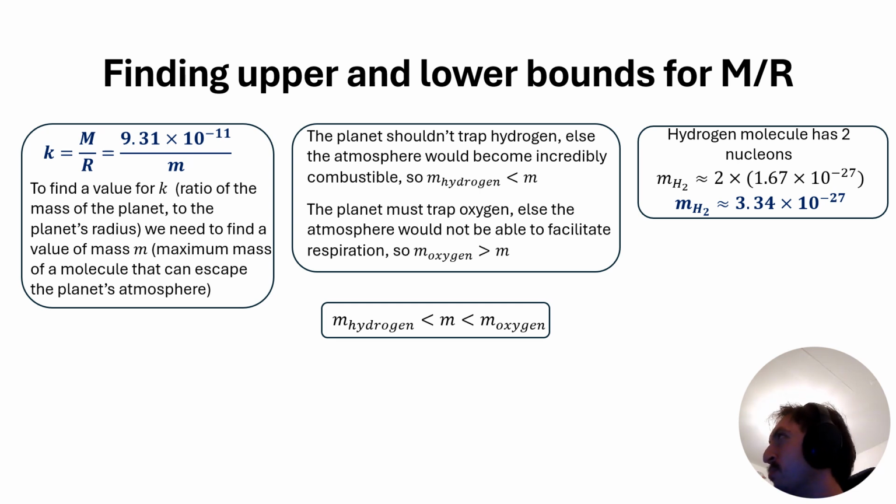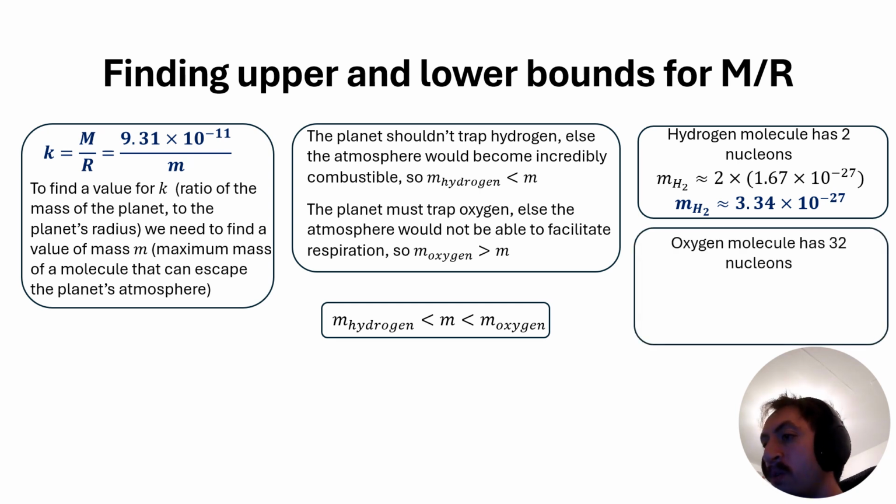Even though neutrons have a slightly different mass, they have very similar masses, so it doesn't really matter which one we pick. If we pick a proton, the mass of a hydrogen molecule is about 2 times the mass of a proton, which is about 3.34 times 10 to the minus 27 kilograms.